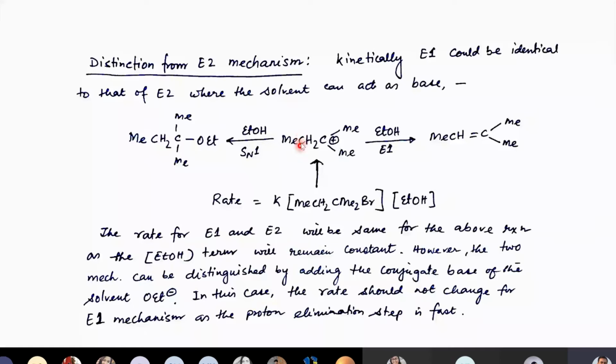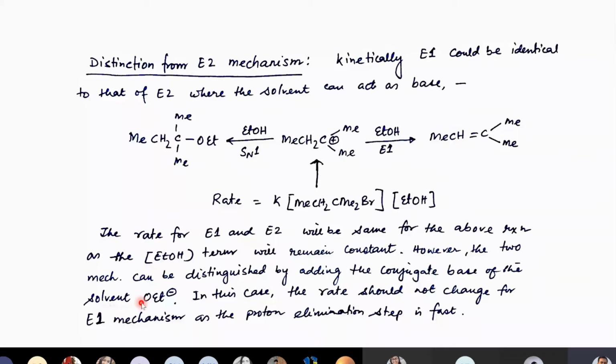That means if this reaction goes via E2 pathway, your reaction rate would increase. Yes or no? Correct? If you add OH minus and the reaction rate increases, that means this carbocation formation is not in the rate-determining step. That means this step is your rate-determining step, so it is a one-step pathway, the E2 pathway.